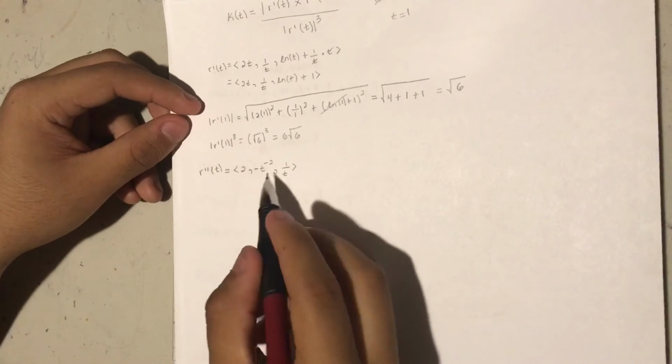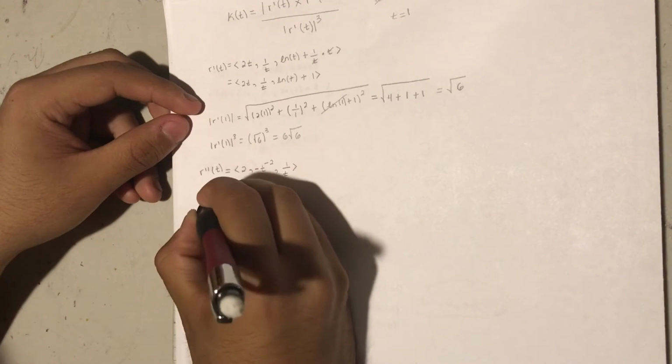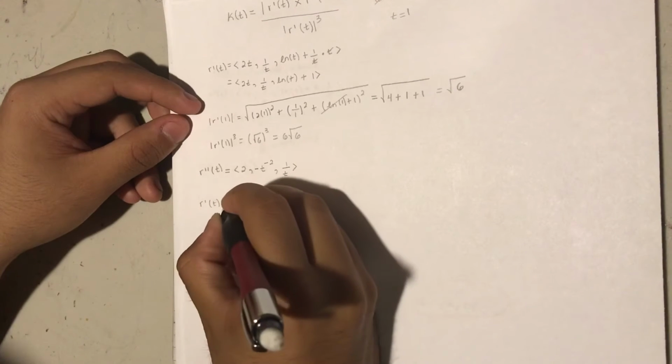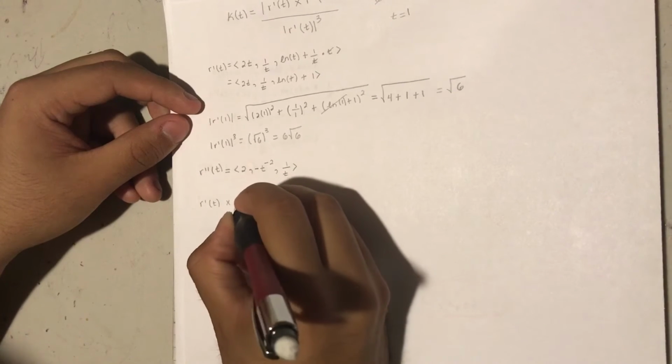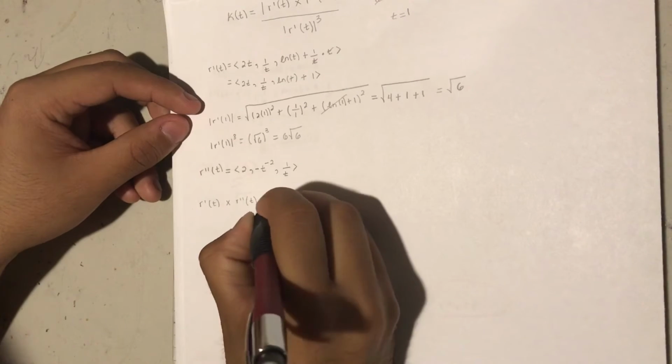Then we can do the cross product of r prime of t and r double prime of t.